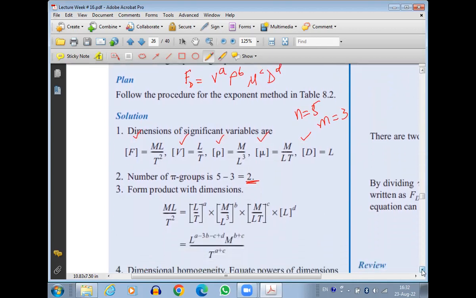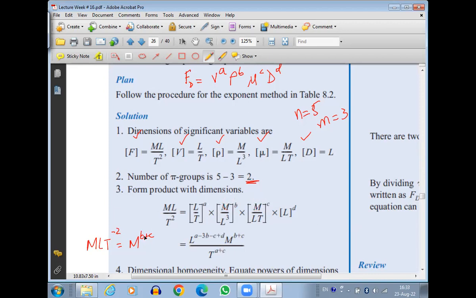Then we have to write it in the linear format. It's better to write it in the linear format. So the linear format will be what? You have M, L, and T. So M L T^-2 will be equal to: for M, we have M^(b+c), since we have M with b and M with c.